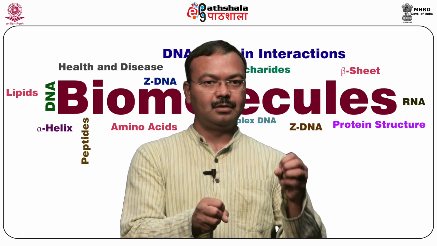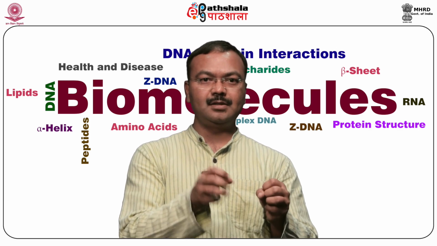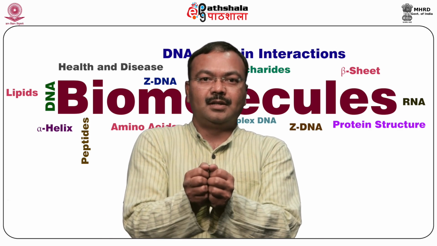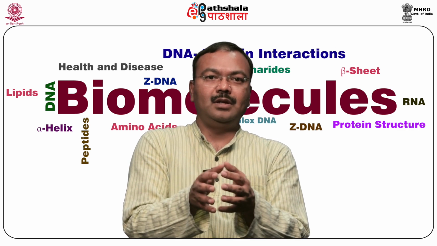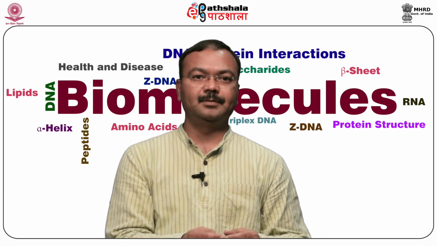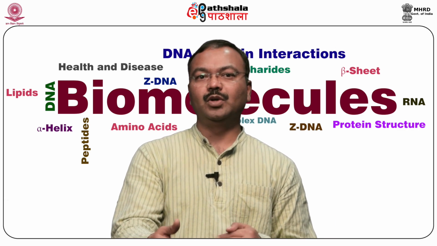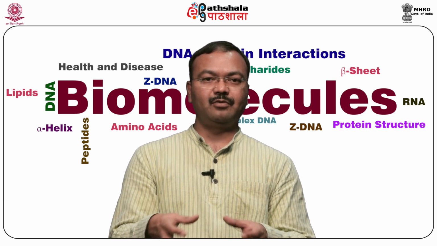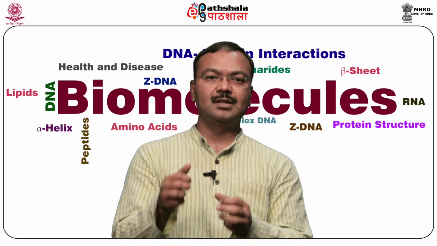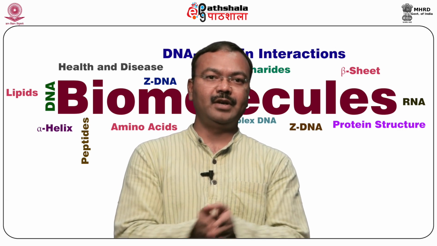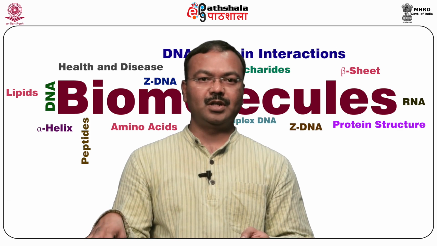So if you have two independent particles, you should get two peaks, and when these interact, the resultant peak should be a single peak with a higher radius. Similarly, we can do column chromatography. If two proteins interact with each other, they form a stable complex, so the elution volume of the complex should be different from the two individual proteins.